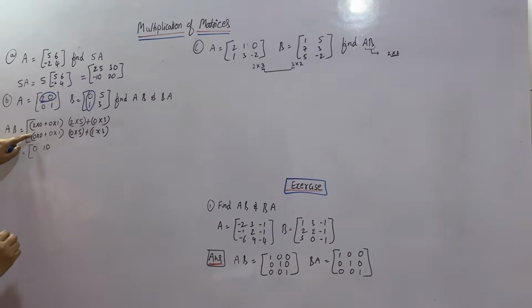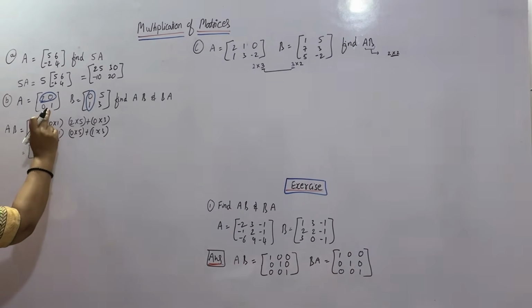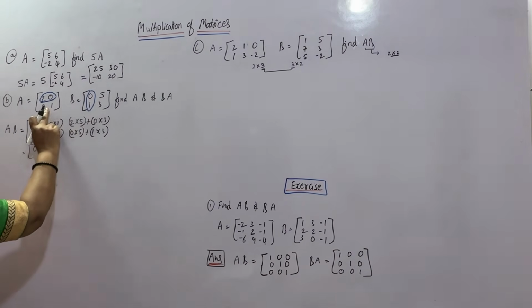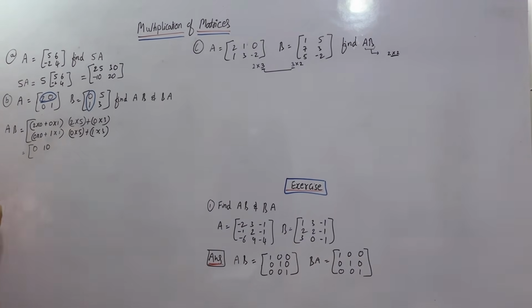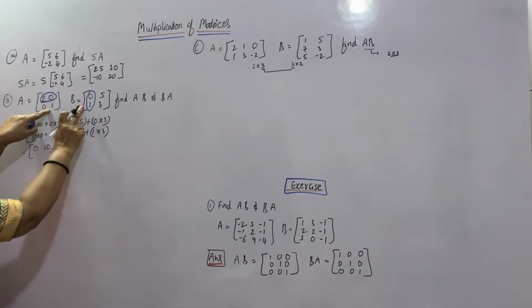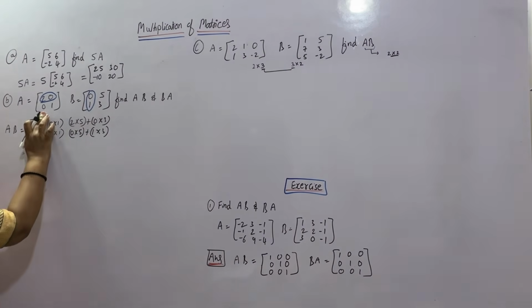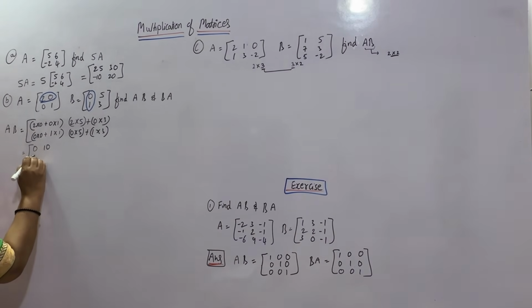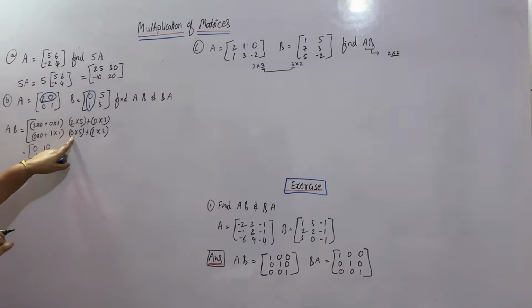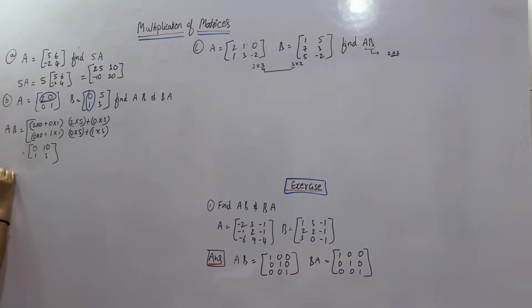Next, this column, 0 into 0, 0. 1 into 1, 1. This is 1. Next, 0 into 5, 0. 1 into 3, 3 it is. This is AB.